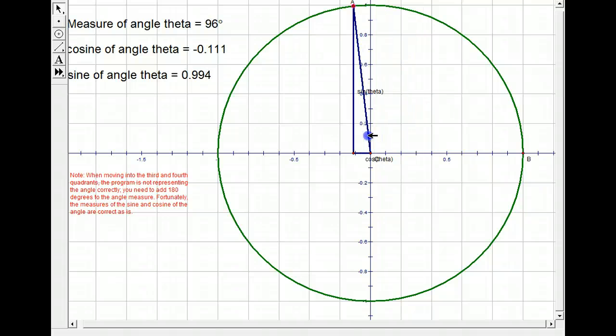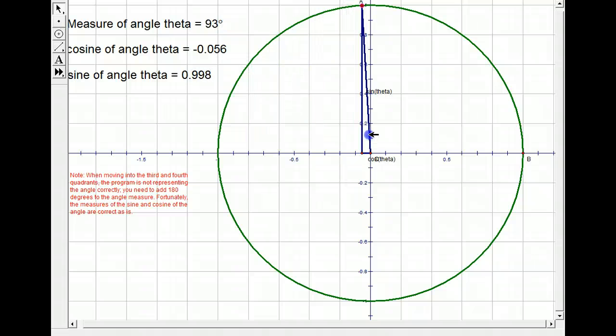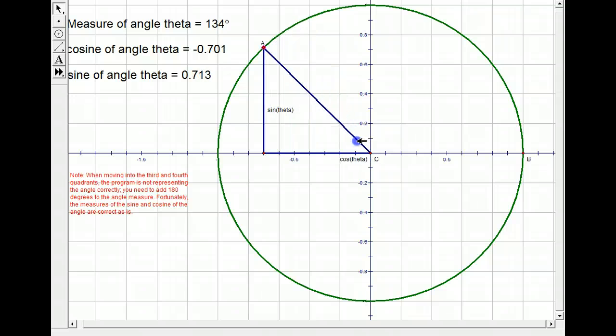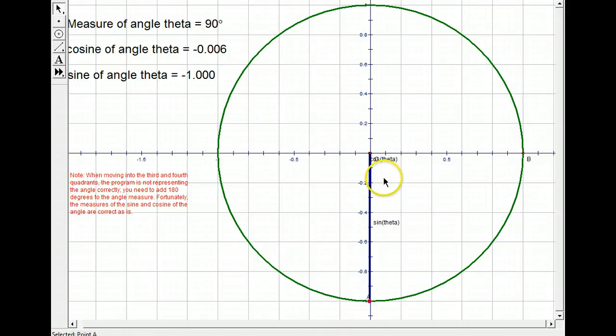But in quadrant 2 and 3, cosine is negative. Cosine is 0 here at 90 degrees, and where else? Cosine of 270 is also 0.